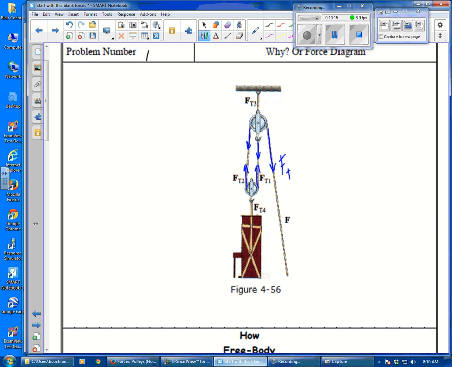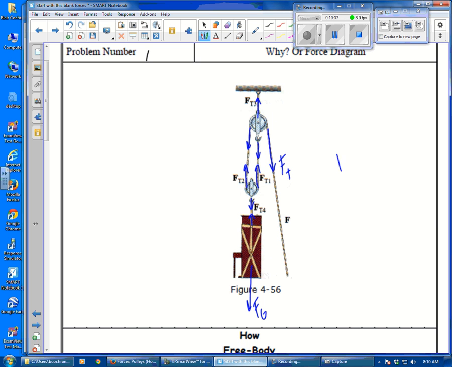On this top pulley, I'd have FT3 up. If I was doing it for the ceiling also, I would again have another force down, but I'm not worried about that. I'd have two forces in here called FT4, and I would have the weight of the piano down here.